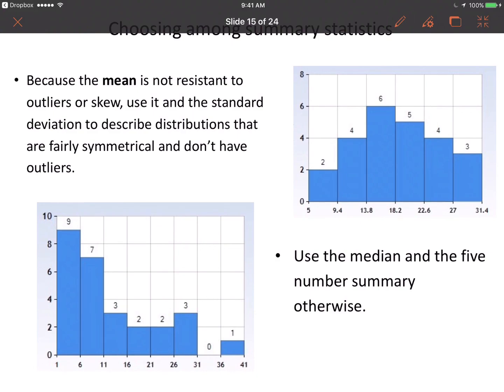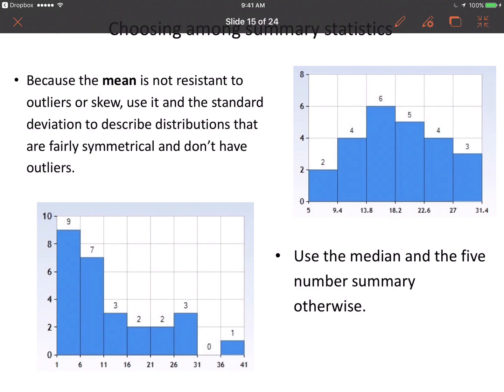If I throw a really large number in my list, when I find the mean, my mean is going to get pulled toward that large number, right? That large number is going to make the sum of the list bigger, and so when I go to calculate the mean, it gets pulled towards that large number. So we don't want to use the mean to describe center if we've got outliers, okay, or if our data is skewed to one side or the other.